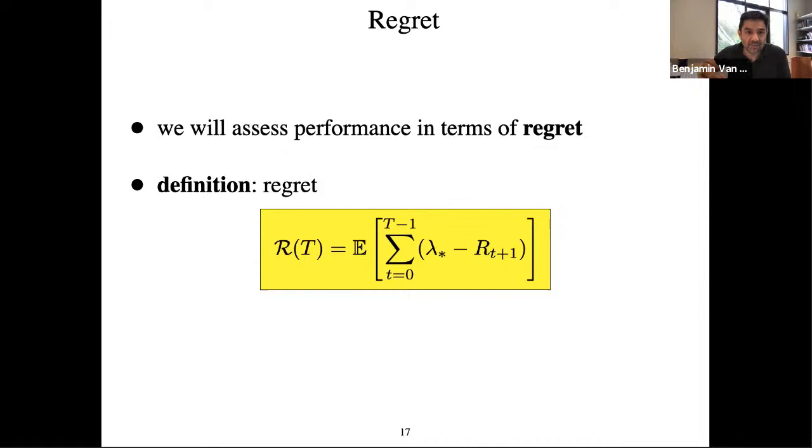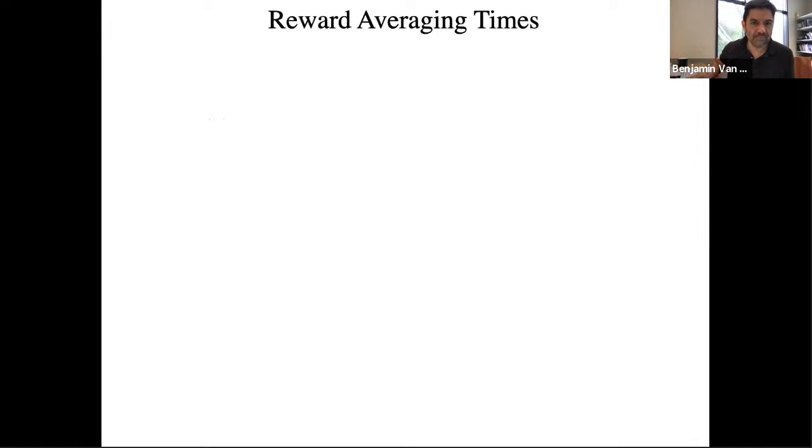Note that the optimal average reward is optimal across all policies that can depend in any way on history, whereas the agent is much more limited because it's bounded by memory and computation constraints. Let me go back a bit.